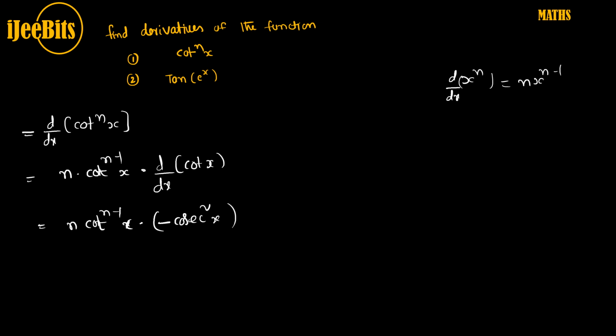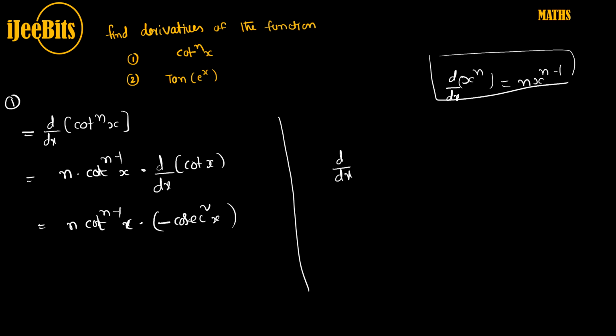Okay. Now let's try the other. This is problem number 1. Try out the other one. d/dx of tan e^x, right? First we have to apply tan. What is the value for tan differentiation? d/dx of tan x would be sec squared x.